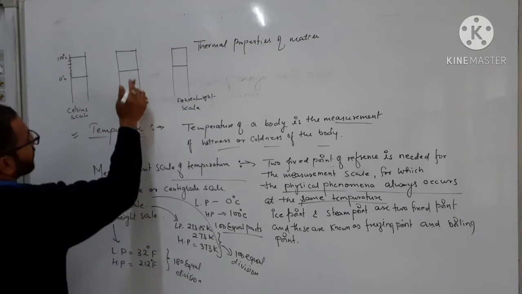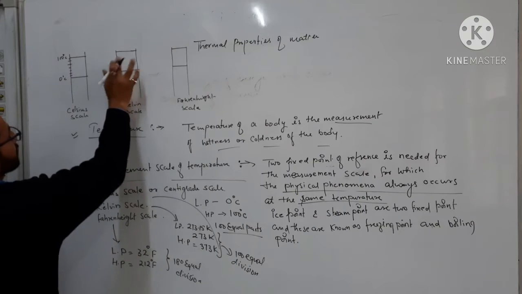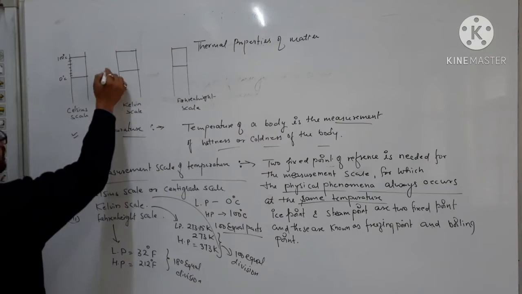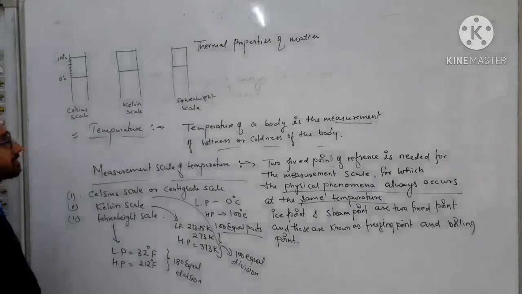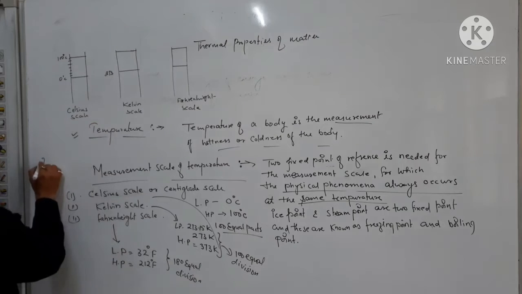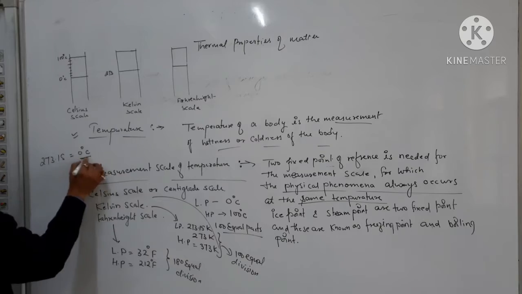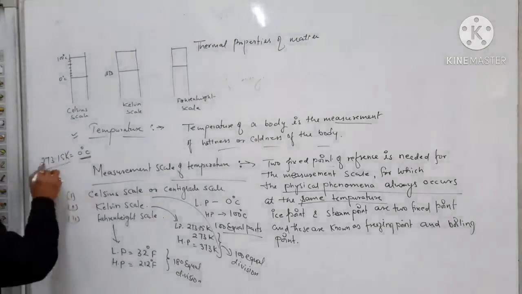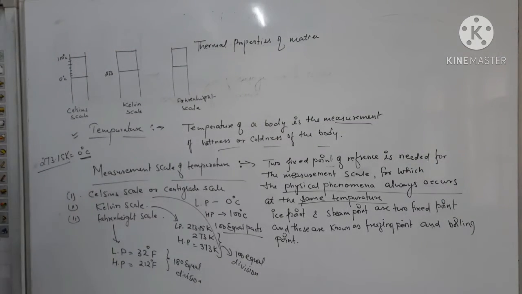Similarly, if you want to write 0 degree Celsius in Kelvin, you write 273.15. That means at 0 degree Celsius, the temperature in Kelvin is 273.15 Kelvin.